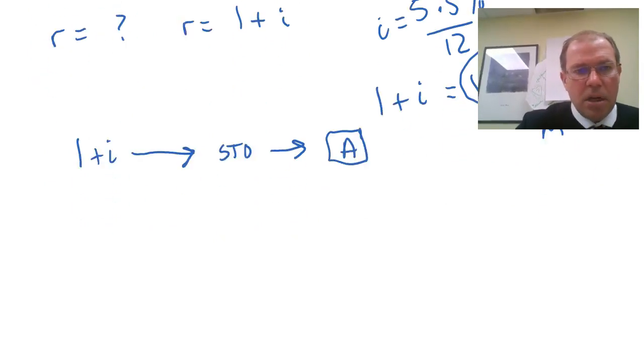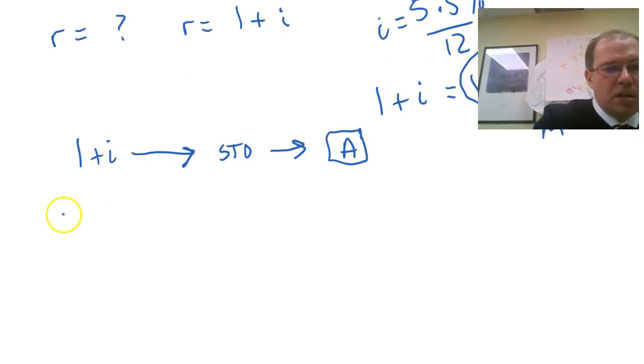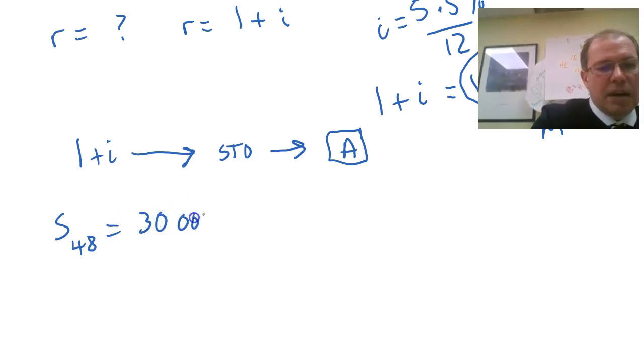After 48 months, my future value of the annuity is $30,000.